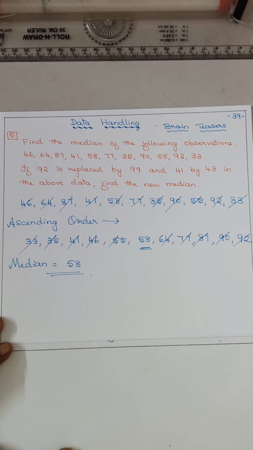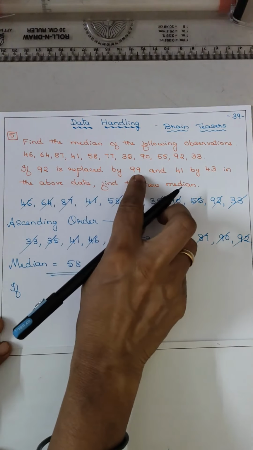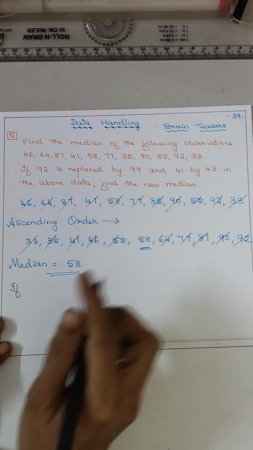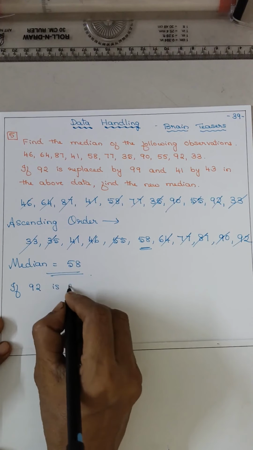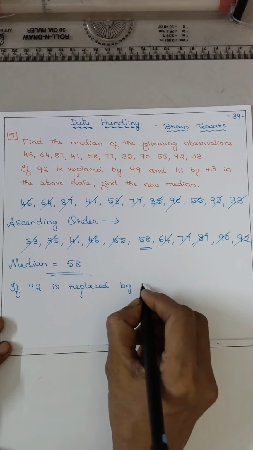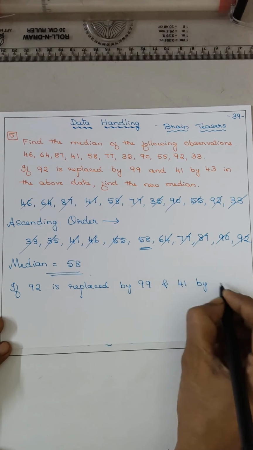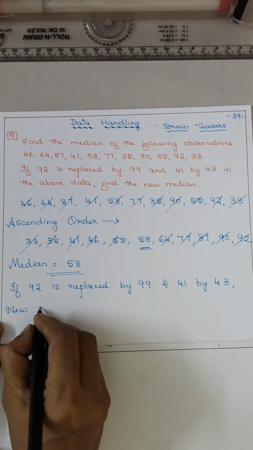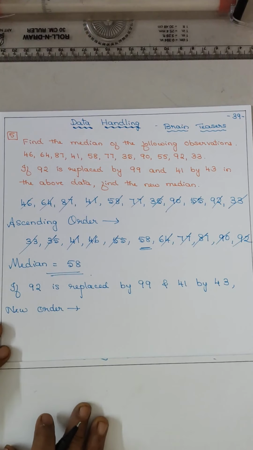Now next, if 92 is replaced by 99 and 41 by 43. Write the question. If 92 is replaced by 99 and 41 by 43, new order means again you have to rewrite.